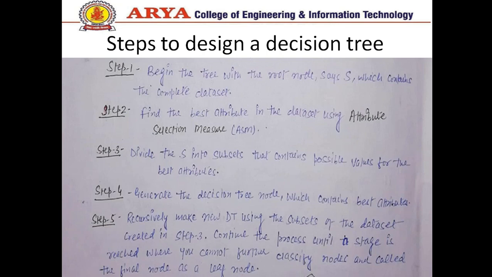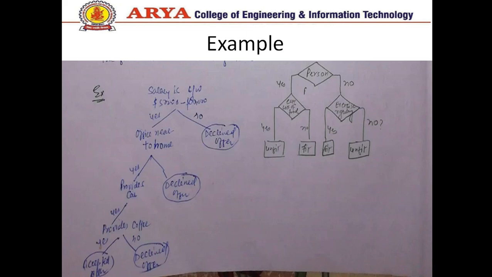Then in the third step, we divide the data set into subsets that contain possible values for the best attribute. Next, we generate the decision tree node which contains the best attribute, and in the last step we recursively make new decision trees using the subsets of the data set created in step 3. The process continues until a stage is reached where you cannot further classify the nodes, and the final node is called a leaf node. So these are all the steps to design a decision tree.